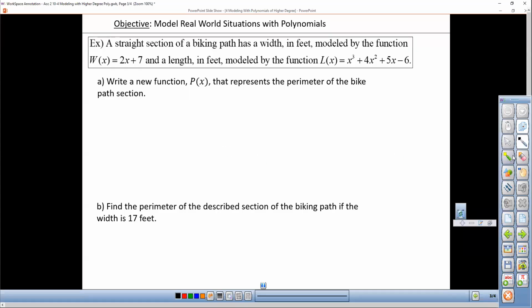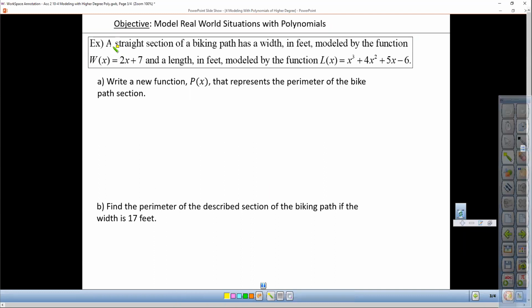All right, so taking a look now at this third example. In our situation up here in the box, it says that a straight section of a biking path has a width in feet modeled by the function w of x and a length in feet modeled by the function L of x. Part A says we're to write a new function p of x that represents the perimeter of the bike path section.